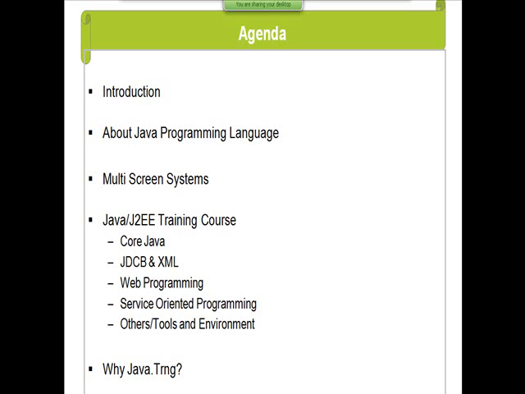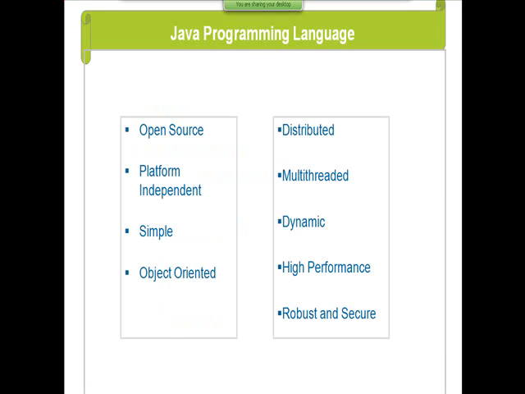I'm sure you might be familiar with some of these Java programming facts, but I'll quickly walk you through them, to give you a very quick overview. As you know, Java is an open source programming language, meaning the Java software is used by simply downloading it, and you don't have to purchase any license.